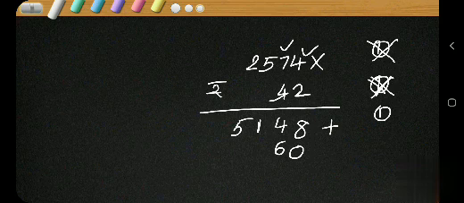Otherwise, no easy way for doing multiplication. That is the one and only way for doing multiplication. Learn the table thoroughly. No other easy ways. Sorry, 7 fours are 28.